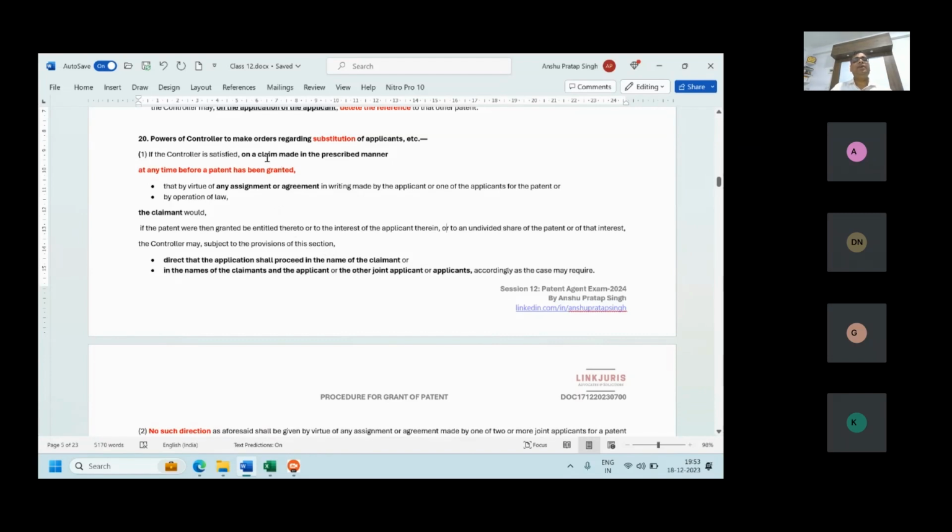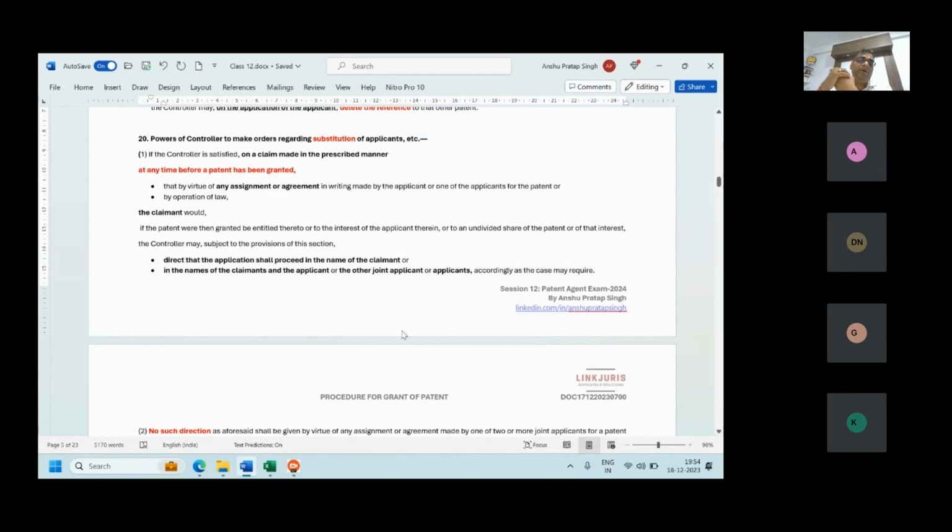So he is talking about if a claim is made in a prescribed manner at any time before the patent has been granted by virtue of any assignment or agreement in right, or by operation of law, the claimant would approach, and then what will he get? The controller will direct that the application should proceed in the claimant's name, or in the name of the claimant and other joint applicants as the case may be.